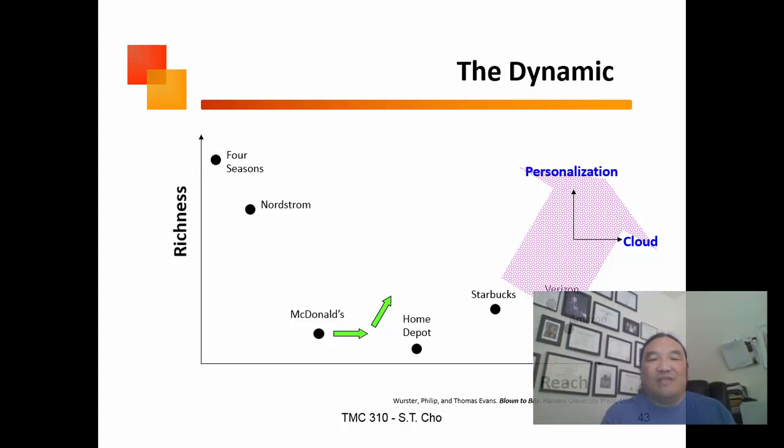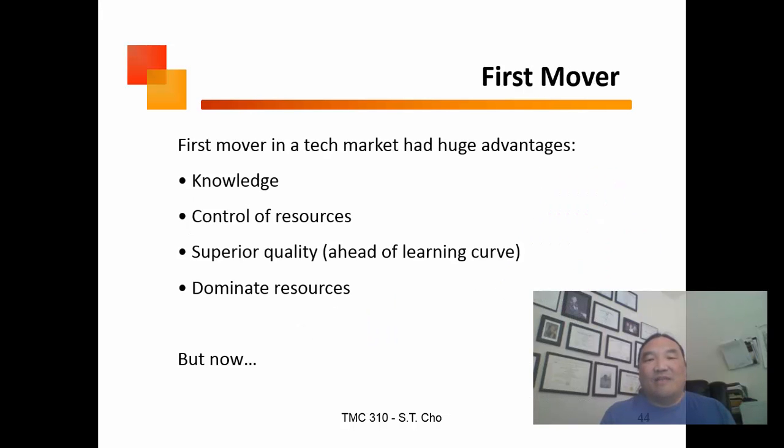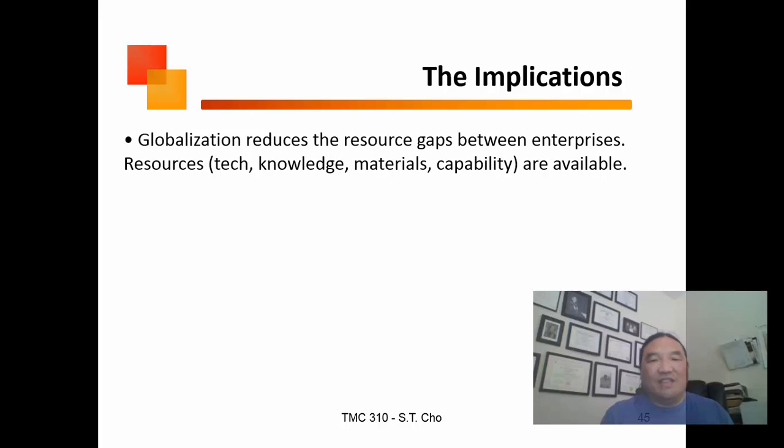And this goes back to richness and reach. The way we're getting richness is through personalization, which is about big data. And how do we get reach? It's through the cloud. First movers in markets had a huge advantage because they had knowledge, they were the first ones to control resources and things like that.